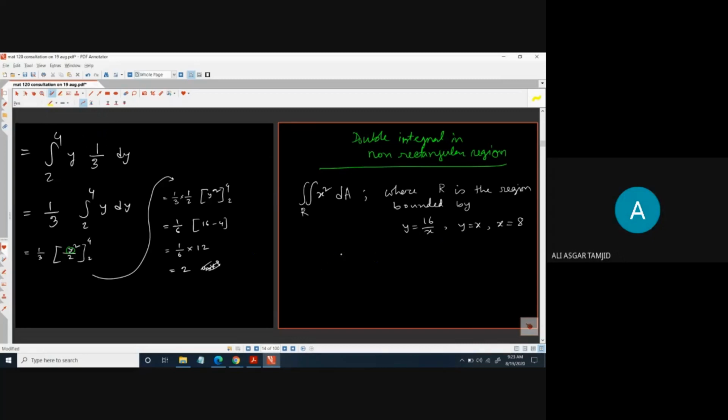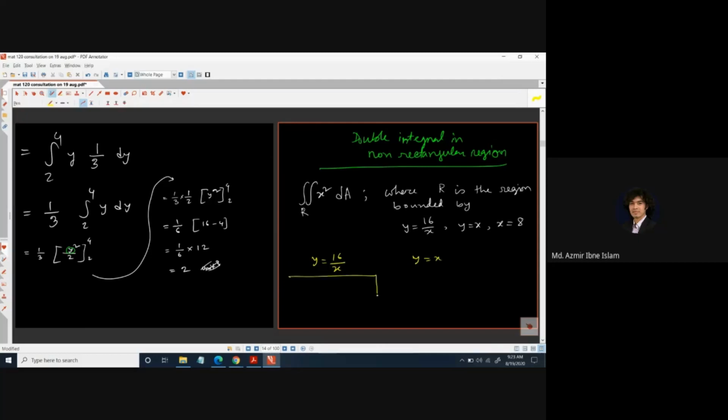Okay, let's at first draw the figure, then you will understand. If you understand this concept, then whatever problem you get in double integral will be easy for you. So we have y equal to 16 over x, y equal to x, and x equal to 8.